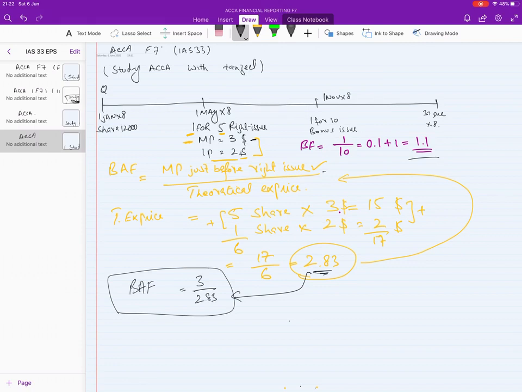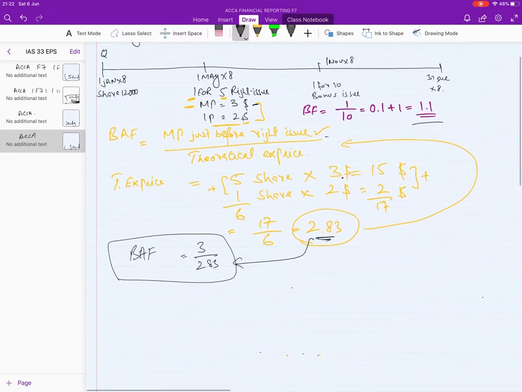And the rights issue fraction, we will calculate later. Let's see. Now calculate the weighted average number of shares. How will we calculate? From the beginning, the company had 12,000 shares. These are the shares your company was having before.